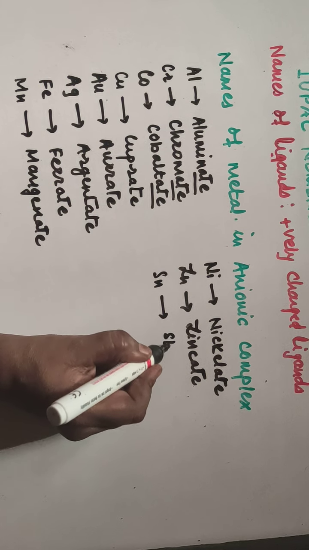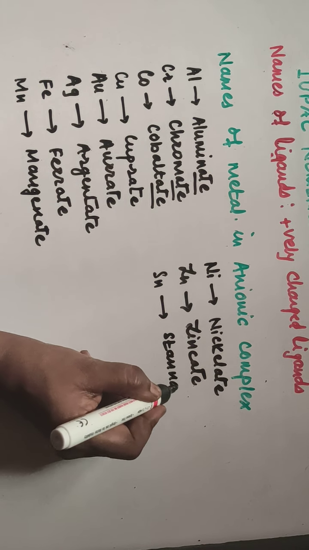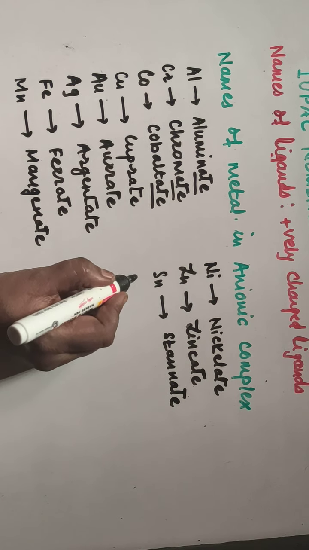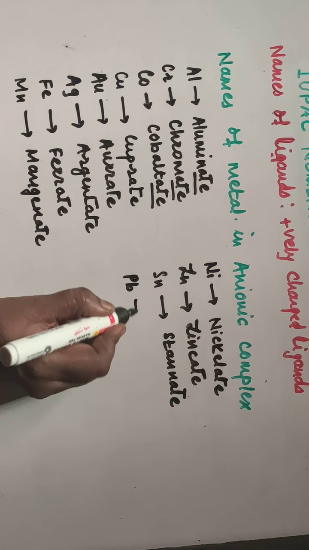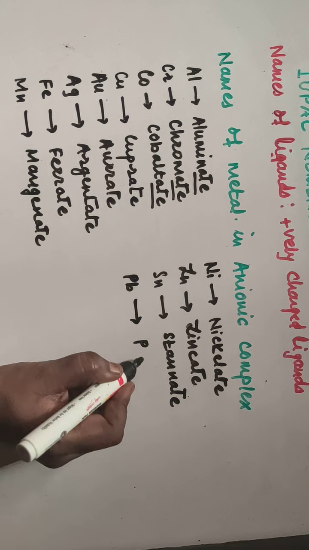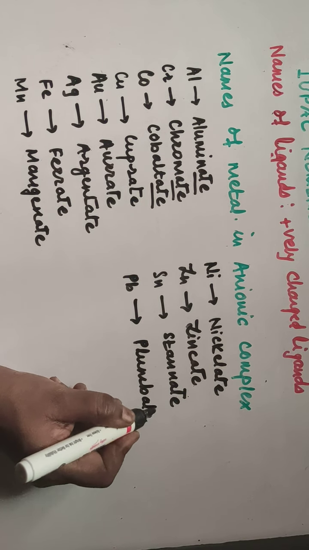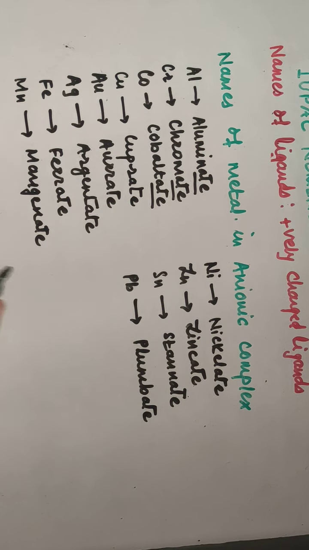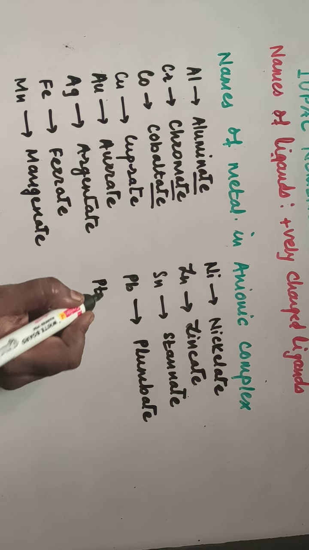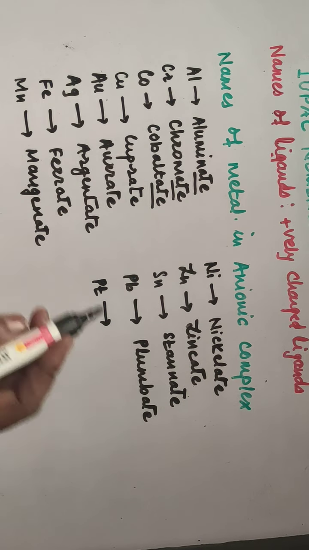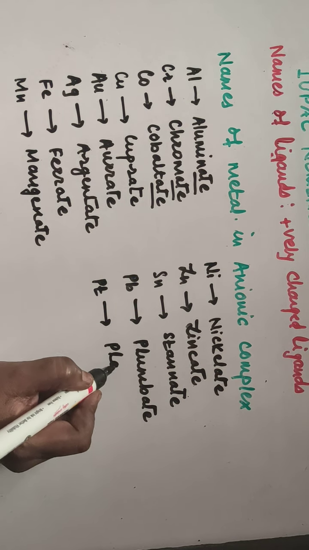It is stannate. Then Pb, that is lead, and the name is plumbate. We'll go for now Pt. It is platinum, and the name of this in anionic complex is platinate.